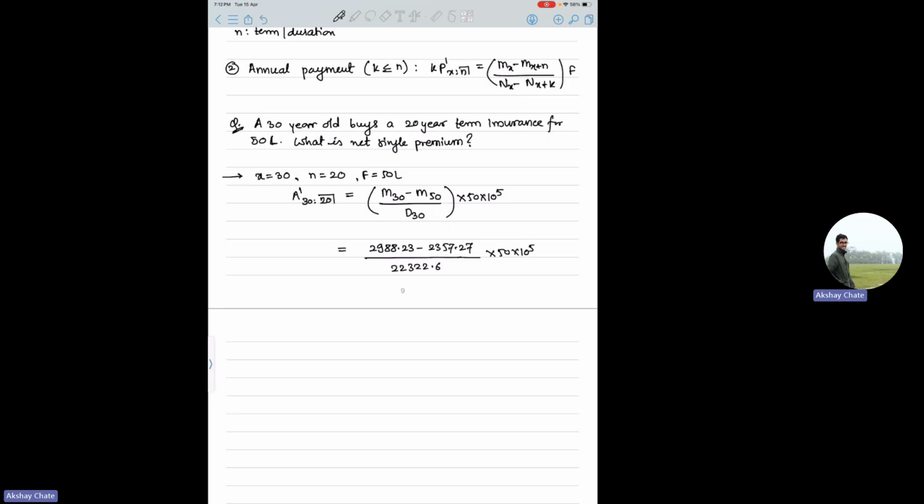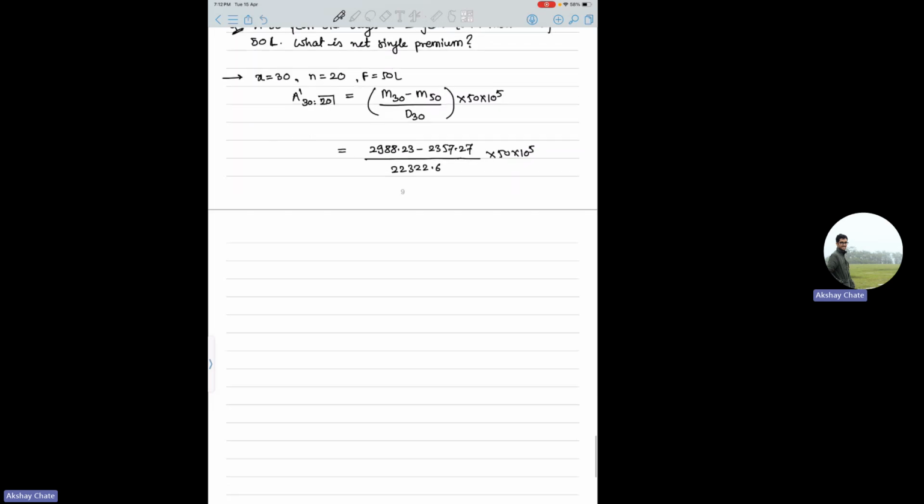Let's say 50 into 1 lakh into (2988 minus 2357.27) divided by 2322.6. Therefore this number comes out to be 141,327.6. So basically 1,41,327 or 328 rupees.